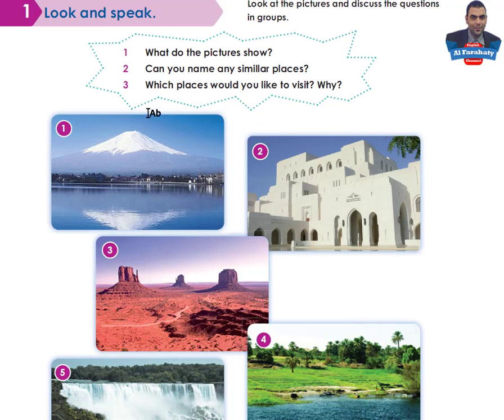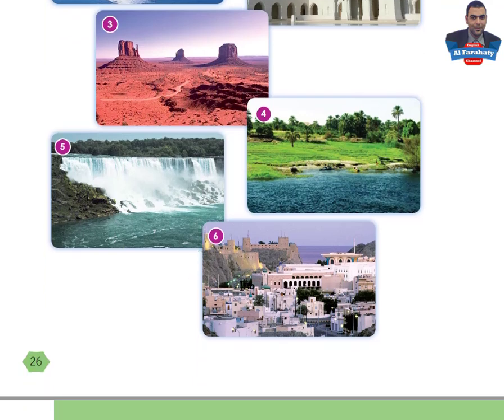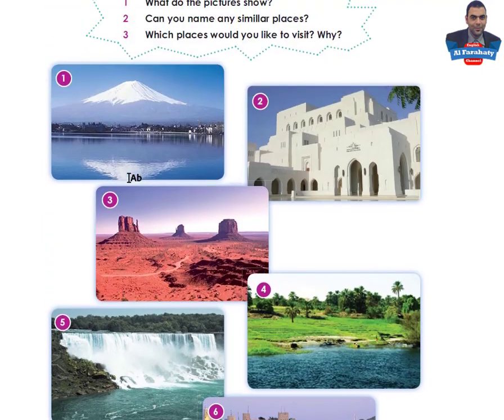What do the pictures show? Excellent. The pictures show a mountain, a river, a building, a desert, a city or a town, and a waterfall. Question 2.